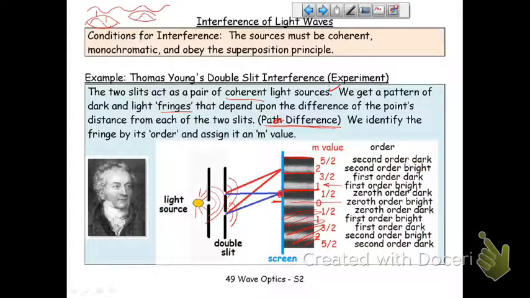And if it's an odd half number of wavelengths, so crest number 13 arrives with trough 15 and a half, I get a crest with a trough. So it doesn't matter which ones they are, as long as crest and crest gives you constructive, trough and crest gives you destructive. So we've got to get kind of comfortable with that, and then satisfy yourself that the path difference for this is 0, and then when it's a half a wavelength, I'll call it m is a half, and when it's one wavelength, I'll call it m equals 1, and when it's 1.5 wavelengths, I'll call it m equals 1.5, and so on. So get familiar with that pattern.